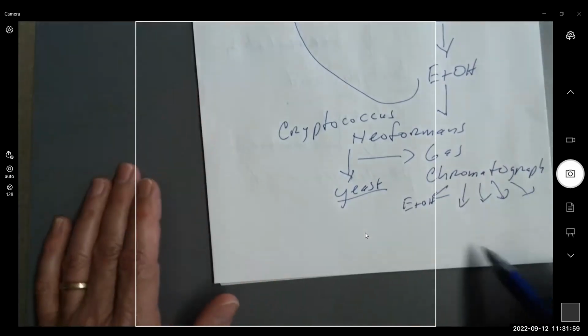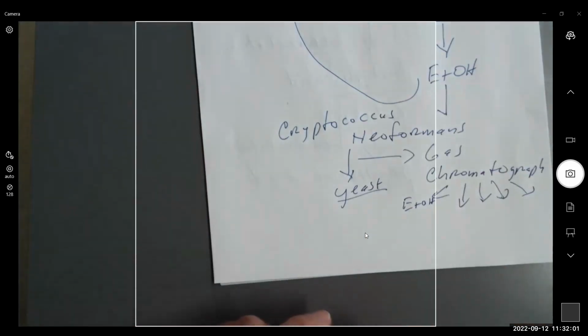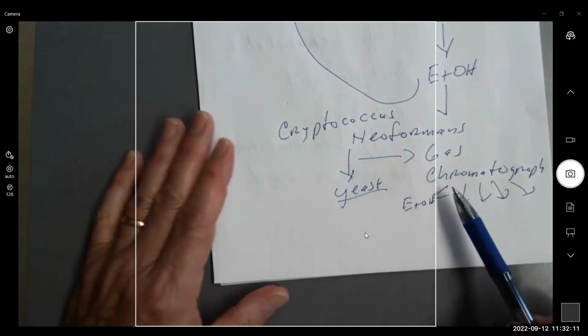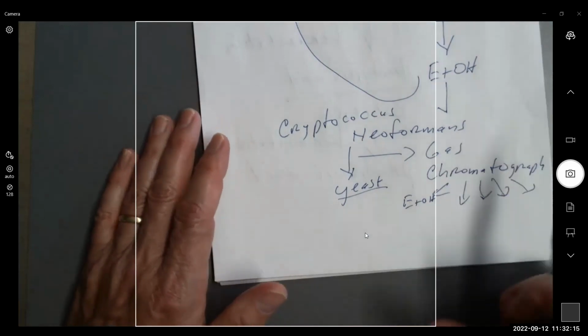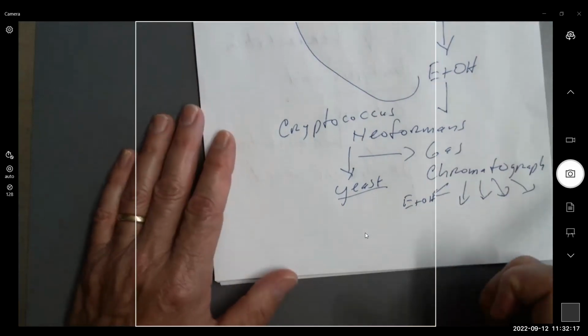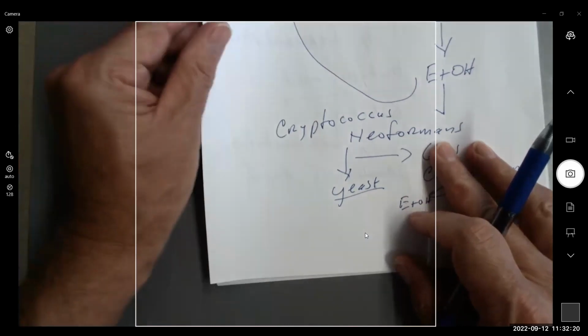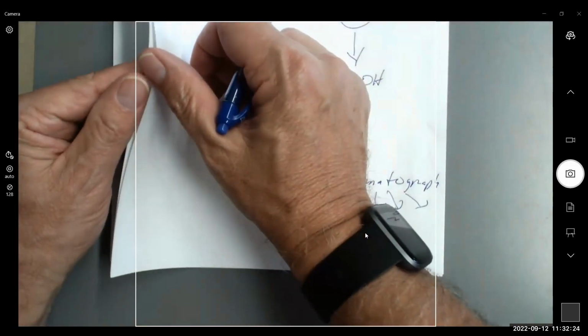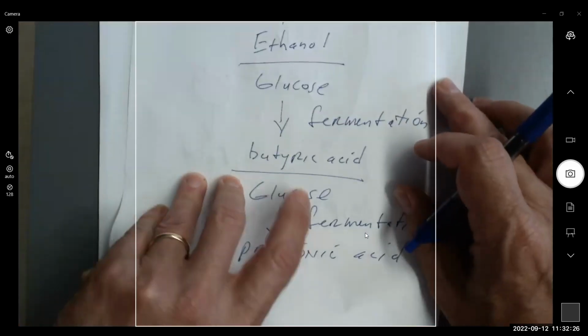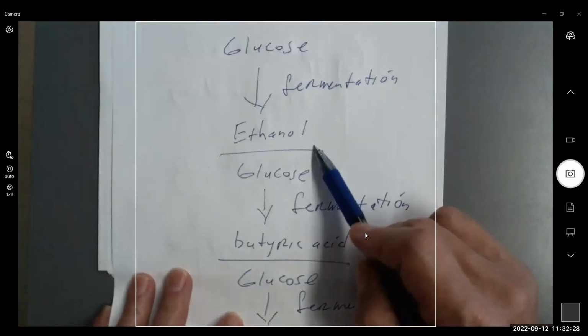So little that if you tried to detect it in cerebrospinal fluid, you wouldn't be able to detect it. What if you had a really heavy infection? Well, then maybe you could detect it, but by then your patient would be dead. So we published this article and the high-class outfit in Boston got really mad at us. They got deceived by getting this idea that the word fermentation automatically means ethanol.